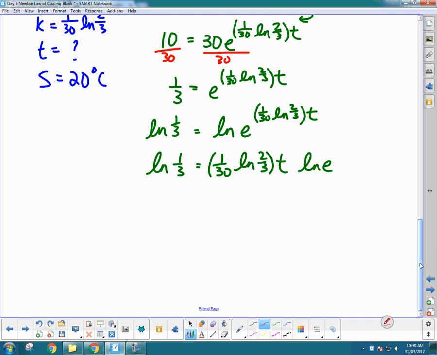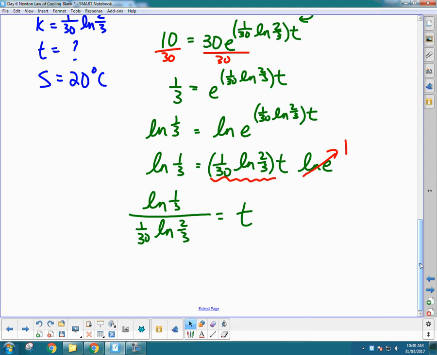The ln e, as always, is just 1. What exponent you put on e to get e is 1. And now I need t by itself, so I got to divide by that whole thing. And I will get ln 1/3 all over 1/30th ln 2/3 equals t.